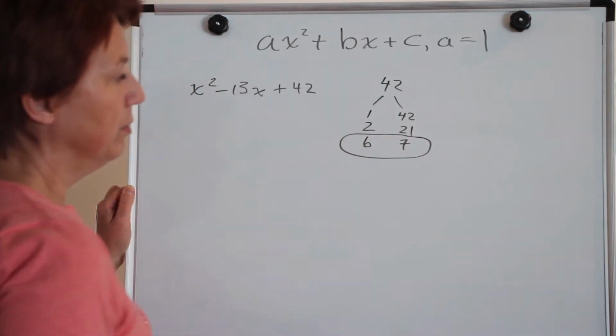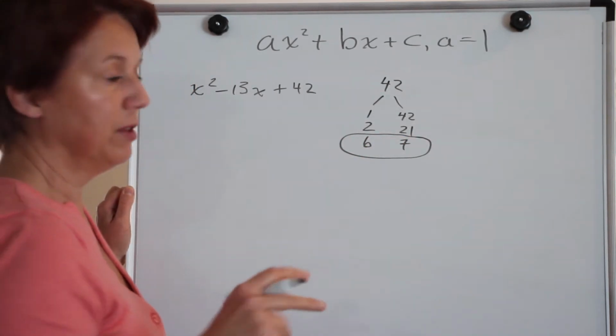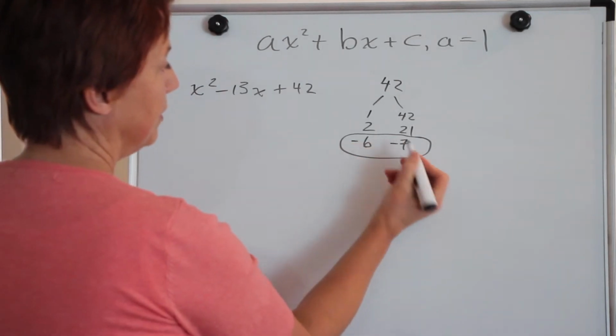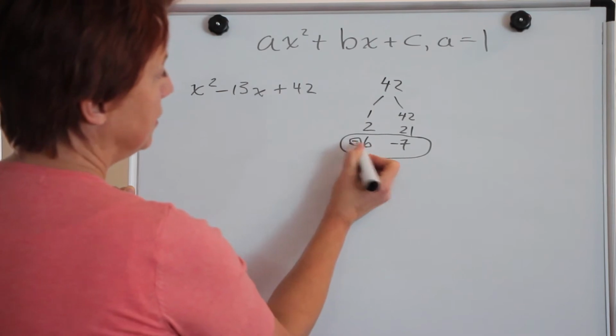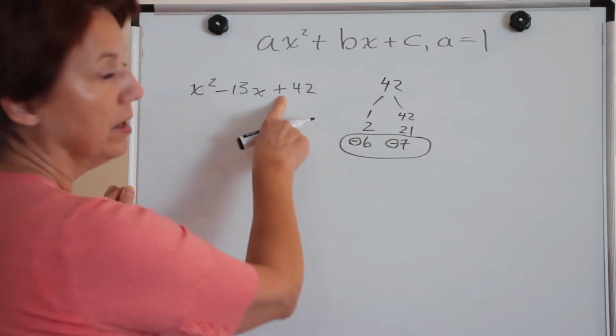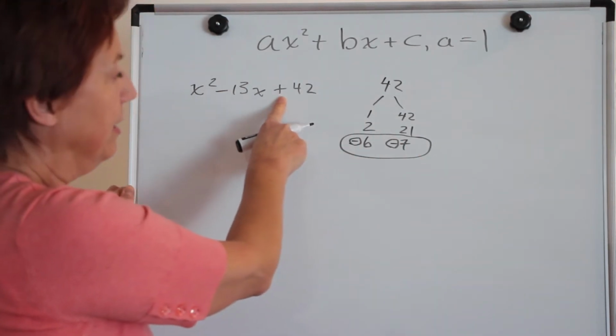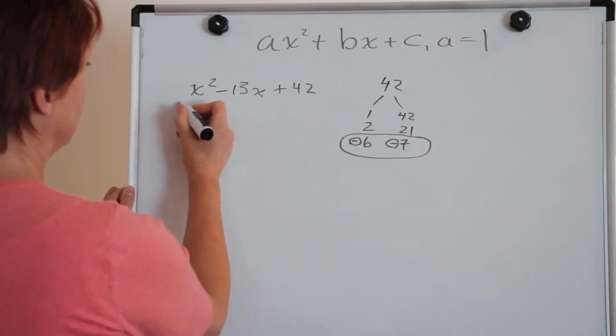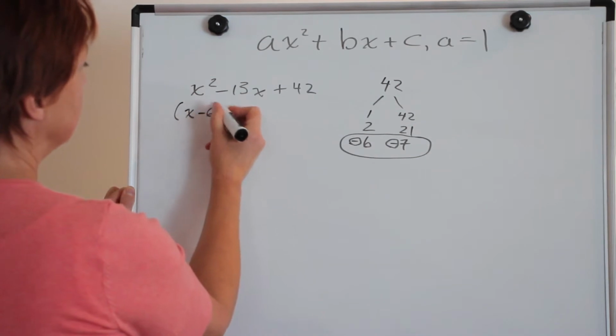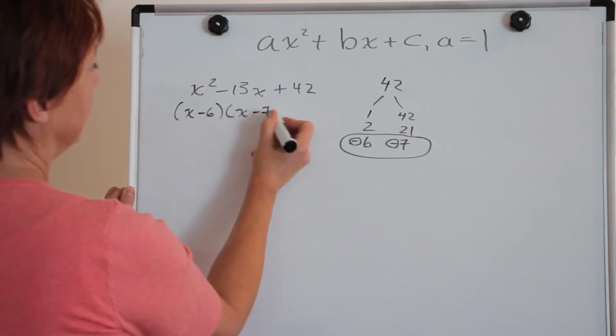Now, those two numbers will add to make 13 if they're both negative, to make negative 13. When I multiply the two negatives together, I get a positive, which is what I have here, and therefore those are the correct numbers to factor this trinomial with. So what we get is x minus 6, x minus 7.